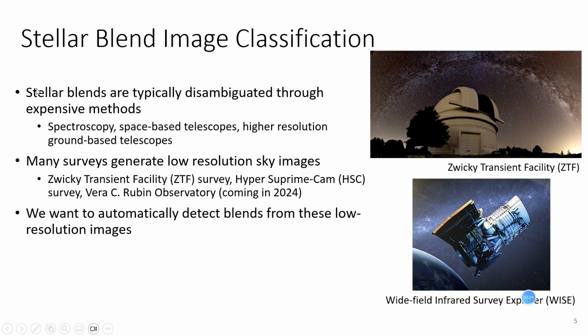So stellar blends are typically disambiguated through expensive methods. For example, we use spectroscopy, space-based telescopes, and high-resolution ground-based telescopes, while many surveys generate low-resolution sky images, like the ZTF survey, the HSC survey, and the Rubin Observatory coming in 2024.